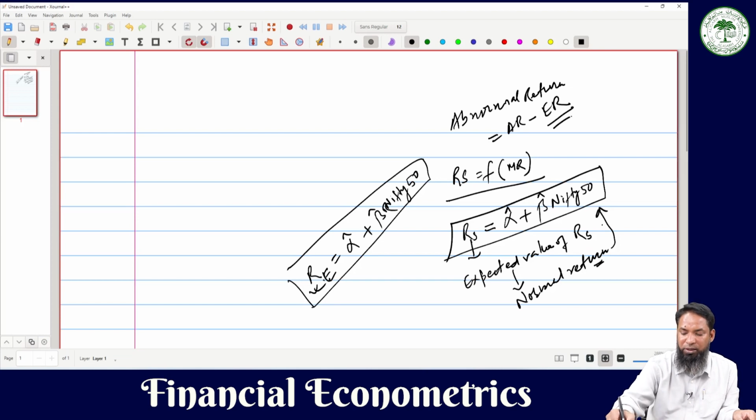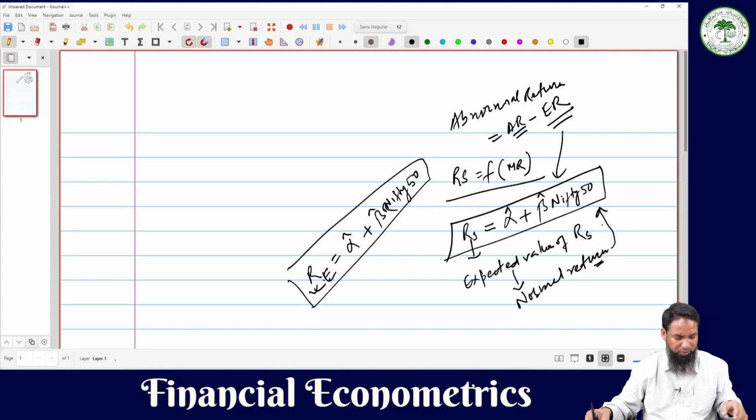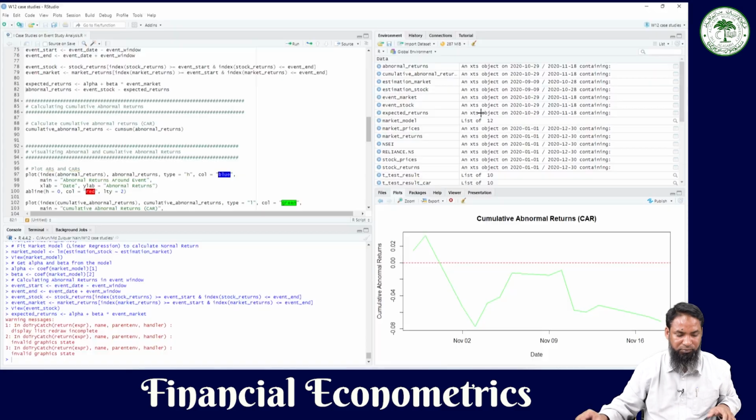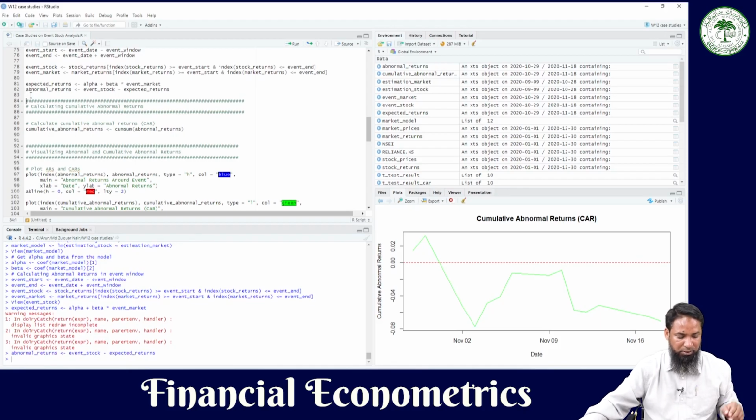We have calculated the expected return using this market model. That we already have. Now we are calculating the abnormal return. So once we calculate the abnormal return, that is for 1 day.